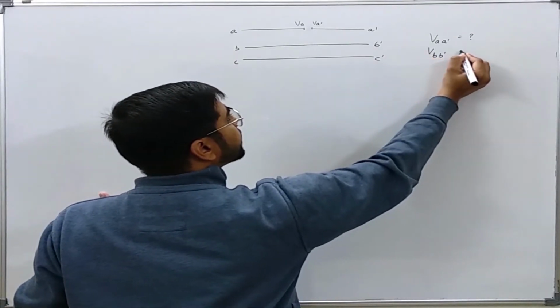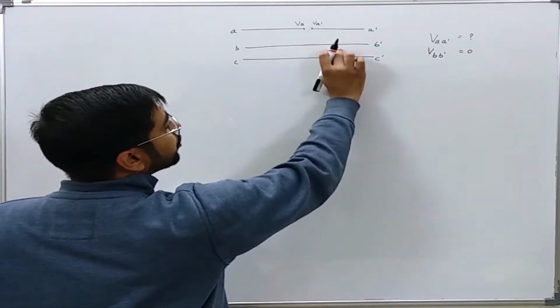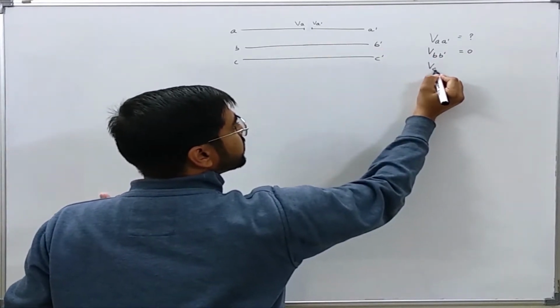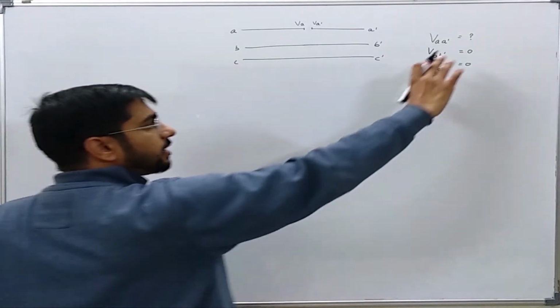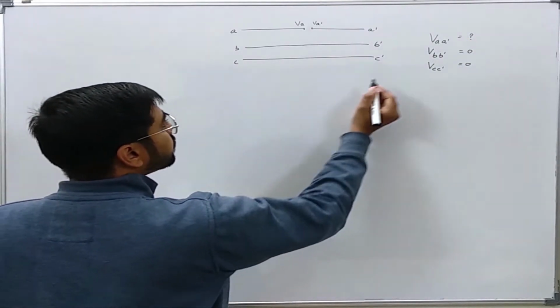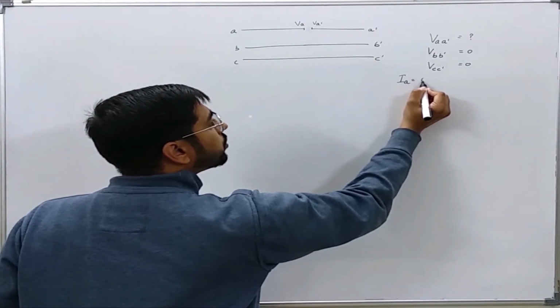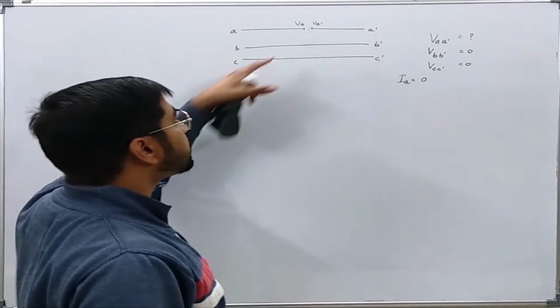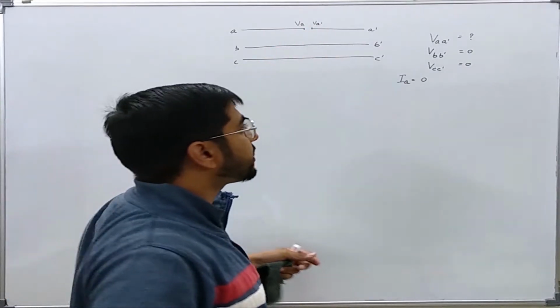VBB dash is equal to 0 since it is just a short circuit. VCC dash is also equal to 0. Now these are three equations. Similarly, IA is equal to 0. Since this phase is now open, IA is equal to 0 for this case.